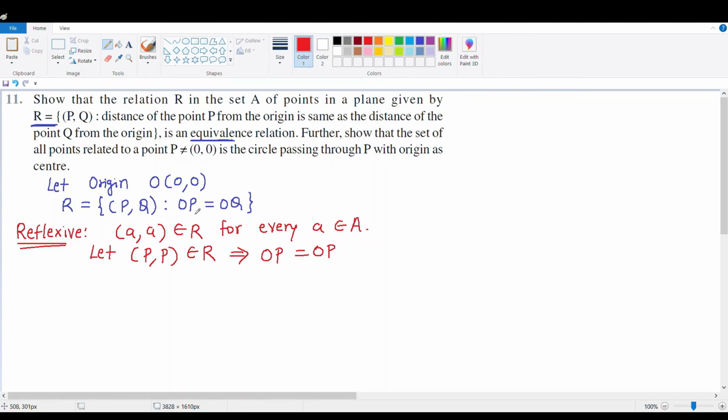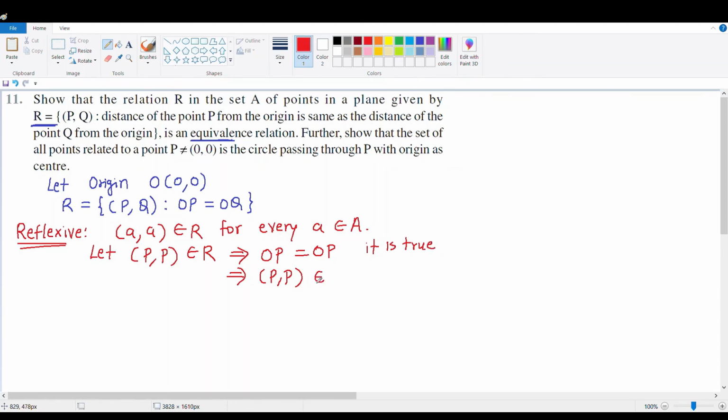Of course, the distance from the origin to point P is the same as the distance from the origin to point P, so this is true.